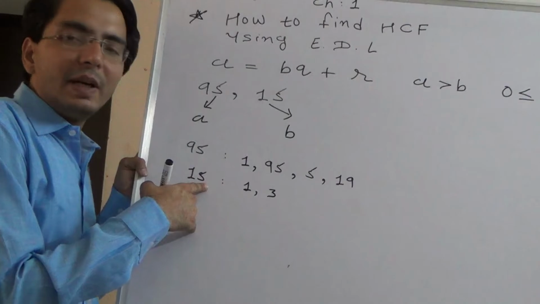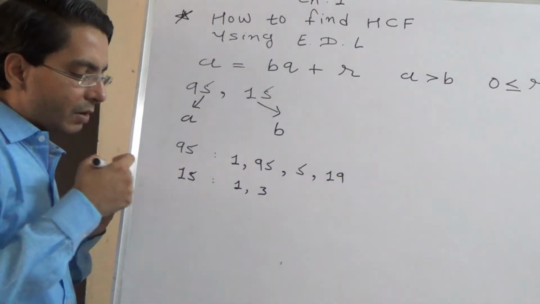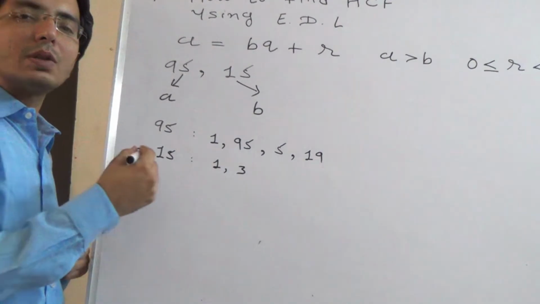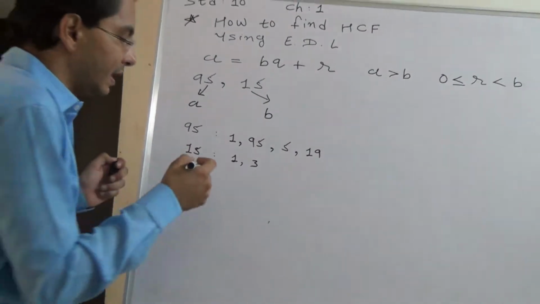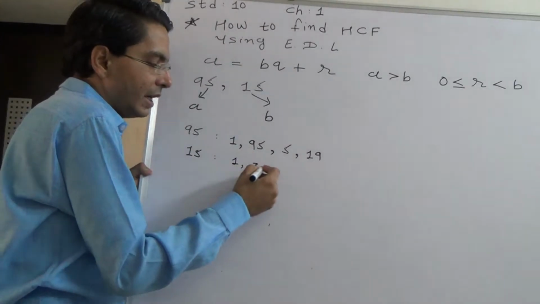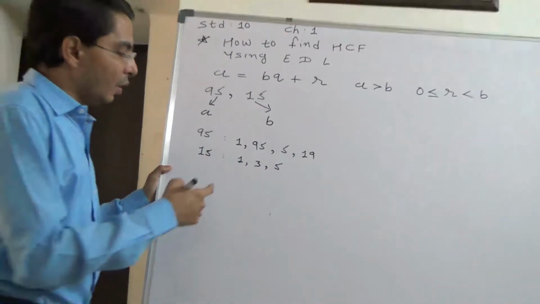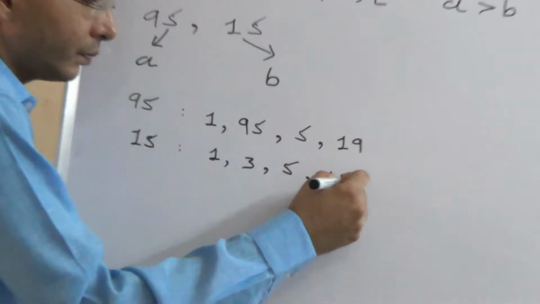Then the divisibility test of 3, the sum of digits: 1 plus 5 is 6, and 6 is divisible by 3, so the whole number 15 is divisible by 3. So 15 divided by 3, we get 5, since 3 fives are 15. And also 1 and the number itself are factors.